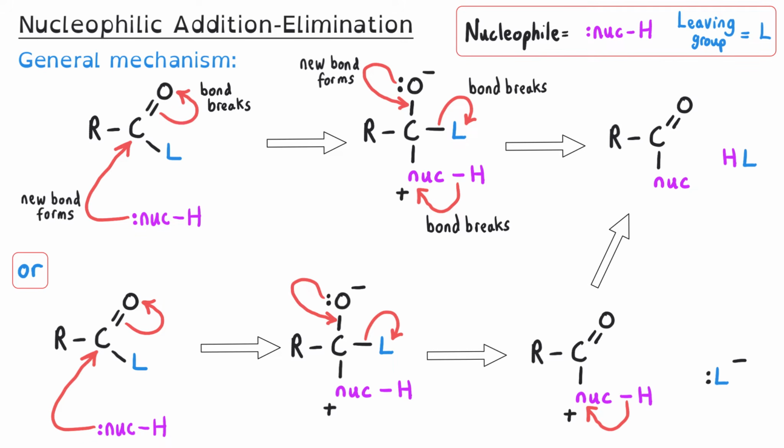This mechanism has a lot in common with nucleophilic addition, unsurprisingly because of its name. Nucleophilic addition also in stage 1 has the exact same curly arrows. The difference between addition and addition-elimination occurs where the nucleophile in addition is always going to be negatively charged, and so that means the intermediate in nucleophilic addition will always simply have the 1 charge of being negative on the oxygen.